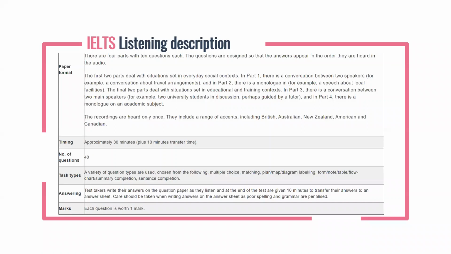And part 4 will again be a monologue on an academic subject. The recording will be heard mainly in British accents or Australian, New Zealand, American or Canadian accents. So we need to be accustomed to such accents, and for this, practice is a must.